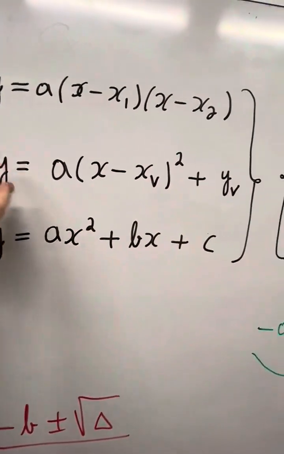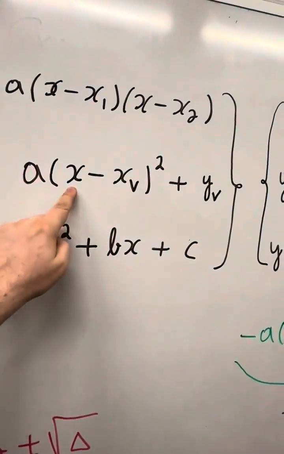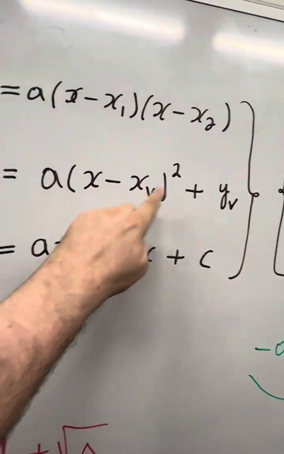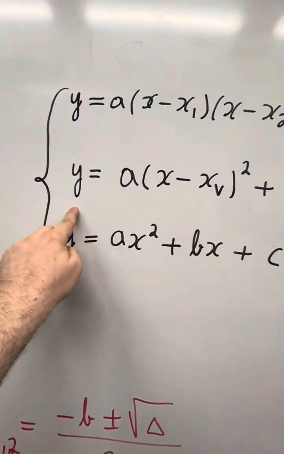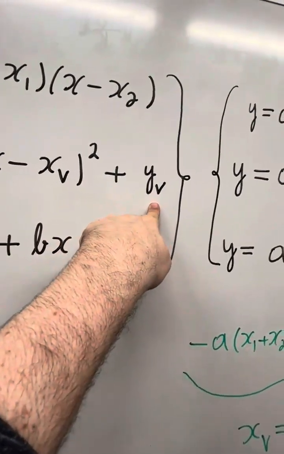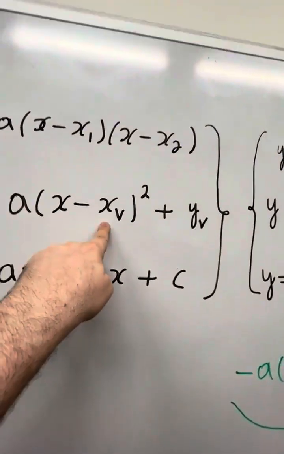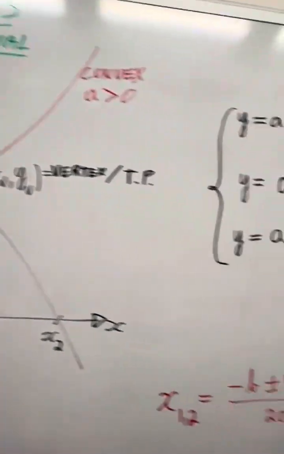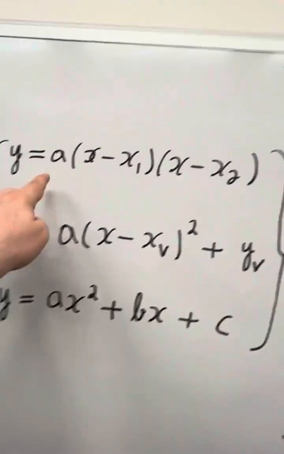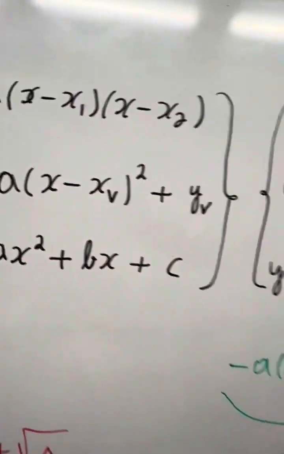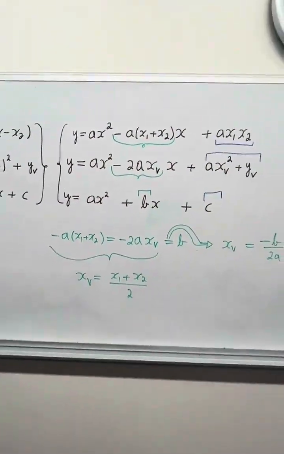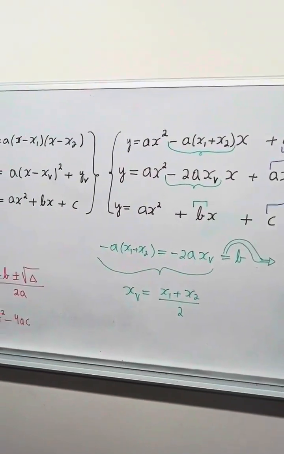Looking at this equation, if x is equal to x of the vertex, this whole term is 0, and then y is just going to be y of the vertex. That's the vertex point here, right? So expanding this, we find the following three equations, okay?